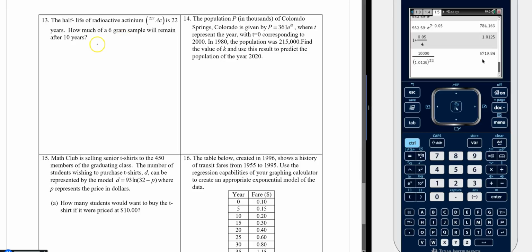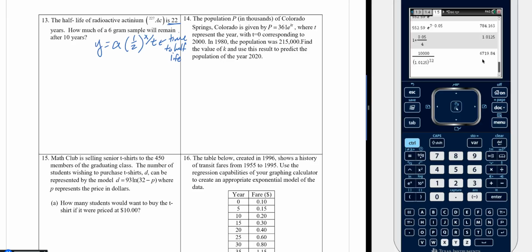I don't want to do it that way. Let's call it this. We'll say Y is equal to A for initial amount times 1/2 raised to the years, say X over T, where T is the time to half-life, which in this case would be 22 years.